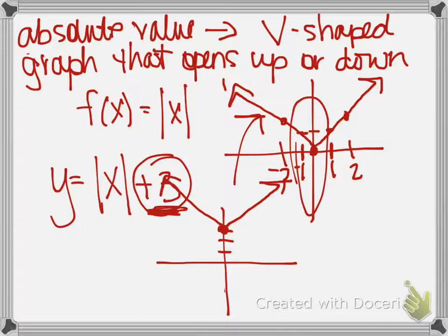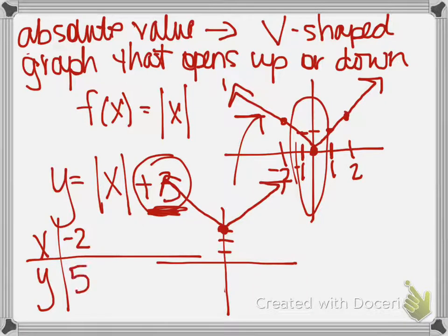If you can't remember that, the best thing to do for an absolute value equation is to make a table. So if we make a table of values, if x is -2, I would fill in -2. The absolute value of -2 is 2. 2 plus 3 is 5.